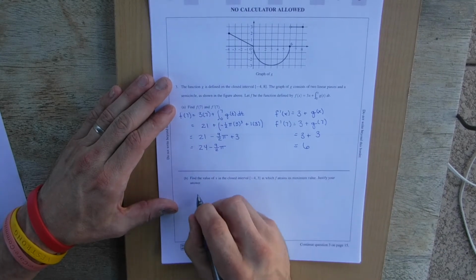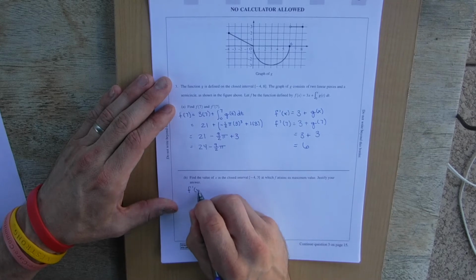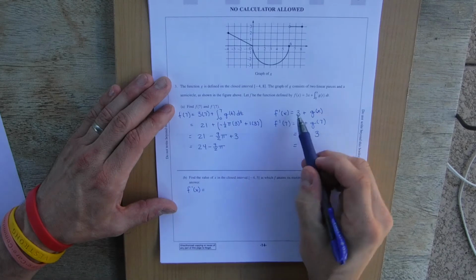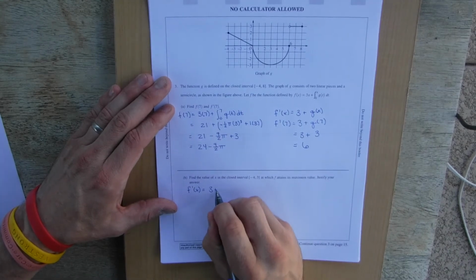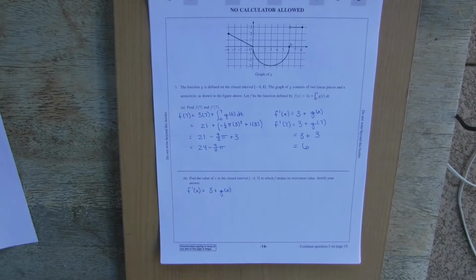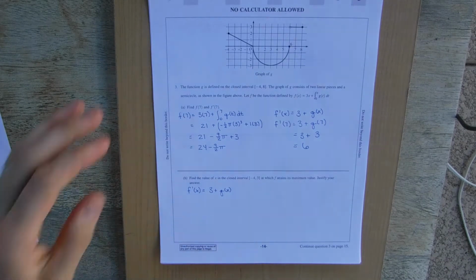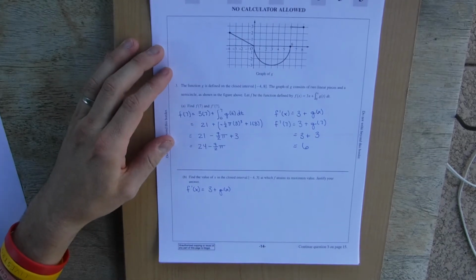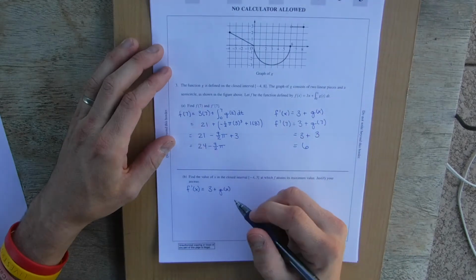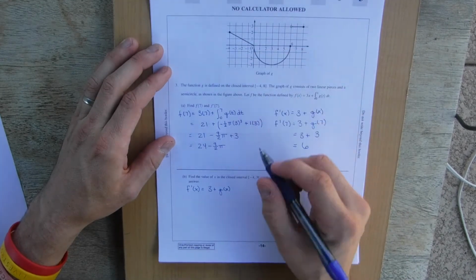So f prime is kind of where the whole gist of this is, and I'll just steal my answer from up here. So what I kind of immediately look for is critical values or sharp points and things like that.